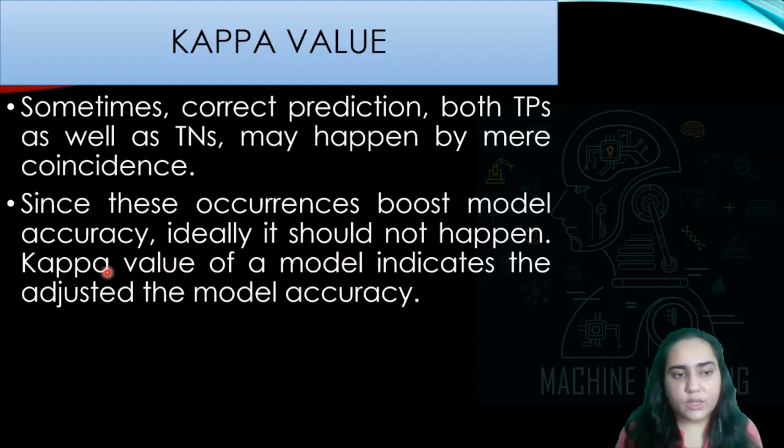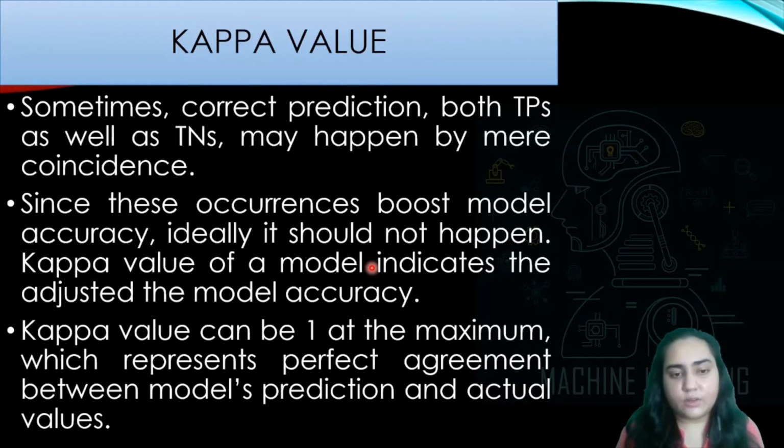That's why we have another measure which is known as the kappa value of a model, which indicates the adjusted model accuracy. Okay, so this is an adjusted model accuracy, so that if it's just a coincidence by which the model was accurate, then that can be handled.